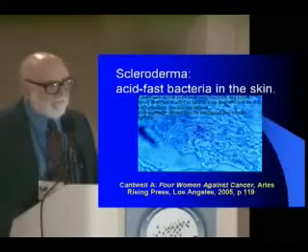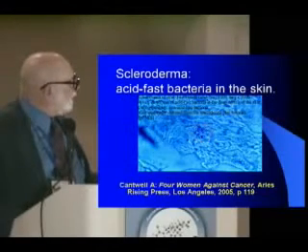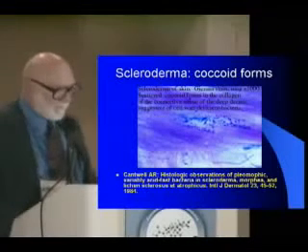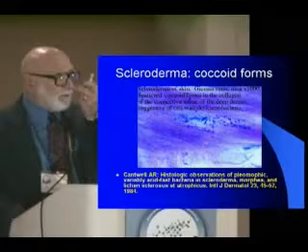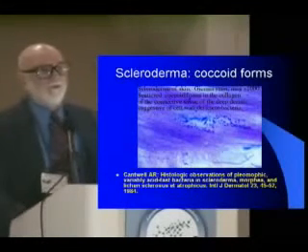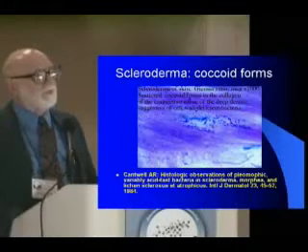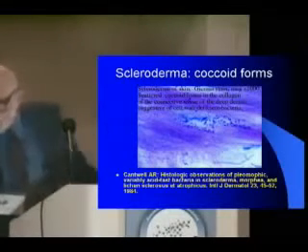However, the common form in scleroderma is the coccus form. And here you can see the collagen, and in between the collagen bundles are these coccoid forms. This happens to be a Giemsa stain, which is another stain which can be very helpful to show these germs. Giemsa stain is traditionally used to demonstrate malarial parasites in the blood.